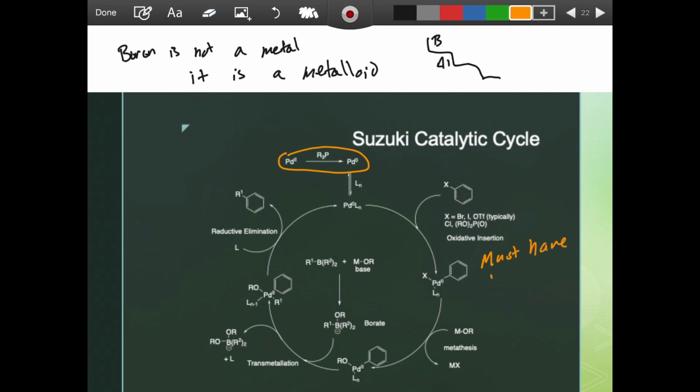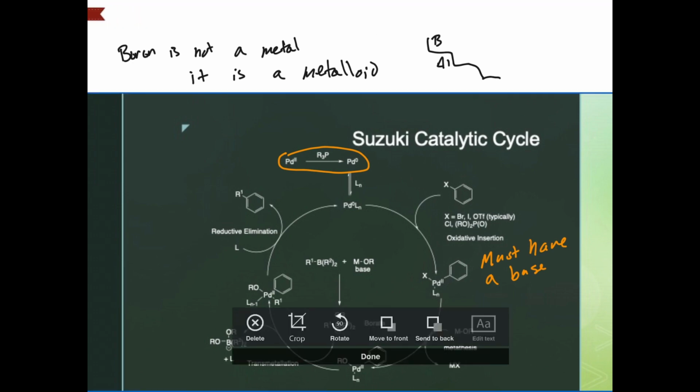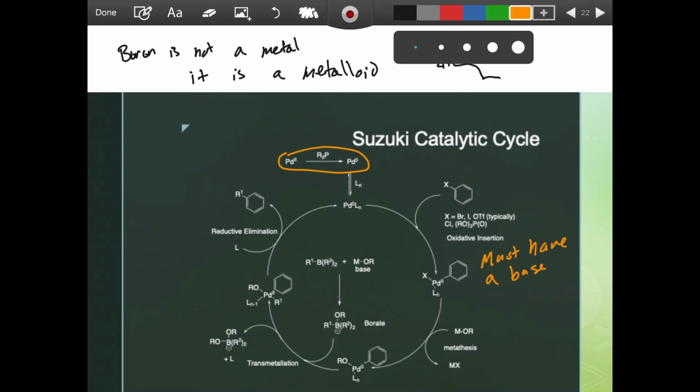They must have a base, and that base needs to be RO-M, where M is going to be lithium, sodium, potassium, things of that sort.